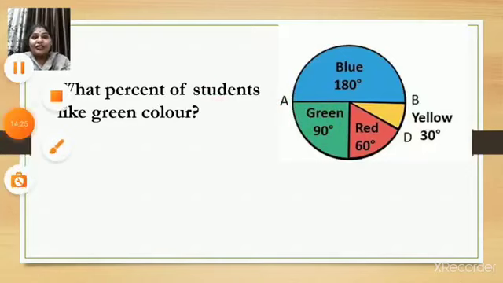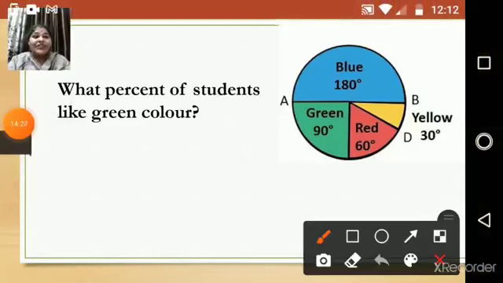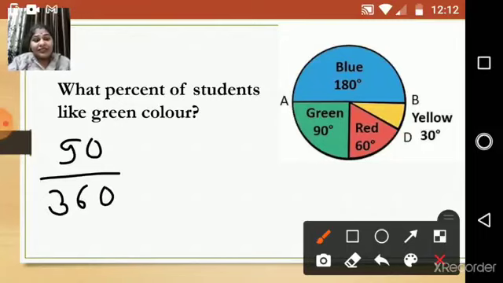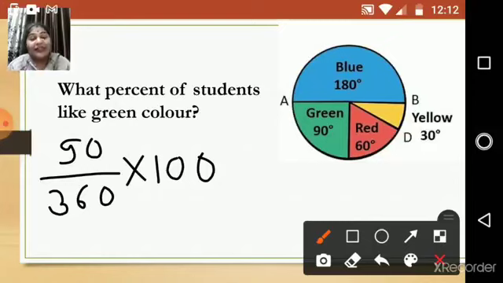How will you find it, children? 90 is given to you, and the total angle of a circle is 360 degrees, multiplied by 100. Percentage means you multiply by 100. The 0, 0 gets cancelled.